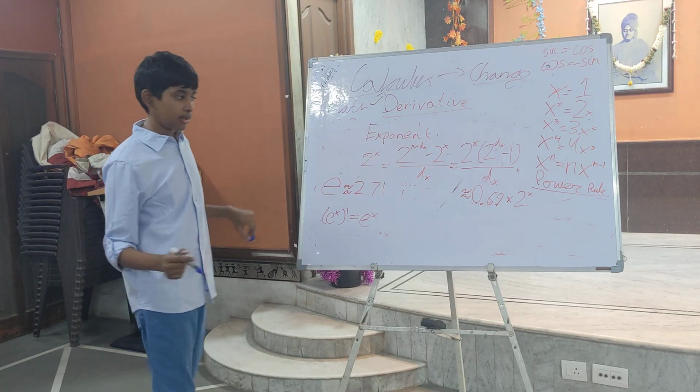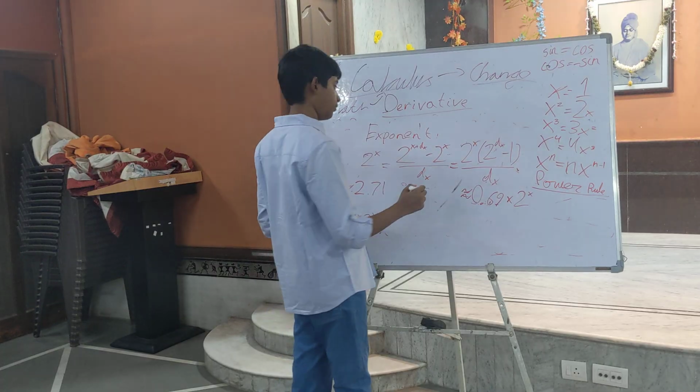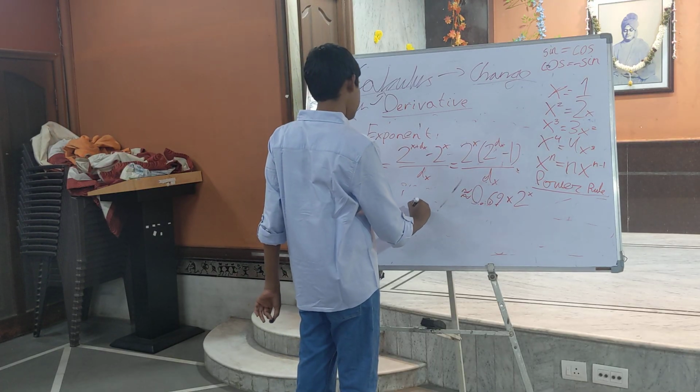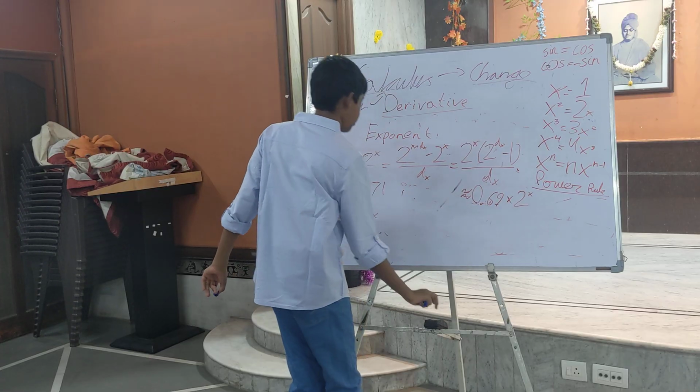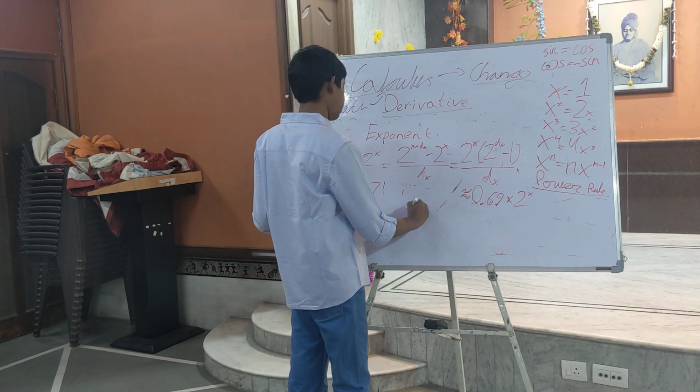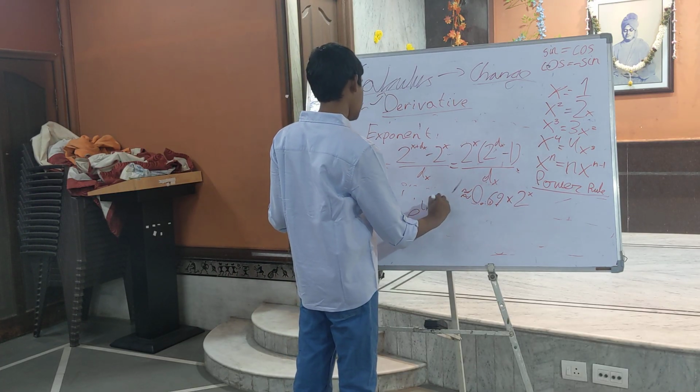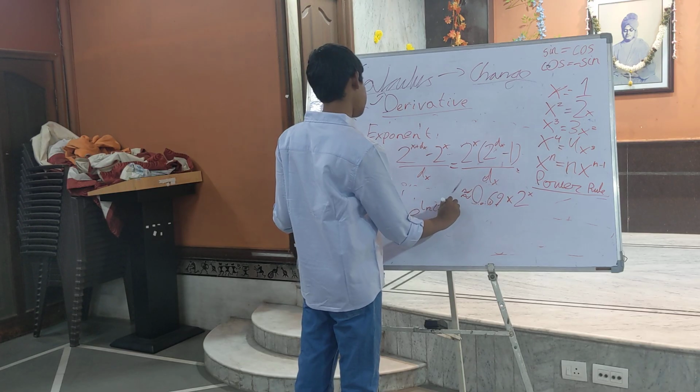let's say we have 2 to the x. So we can take e to the ln of 2, times x.